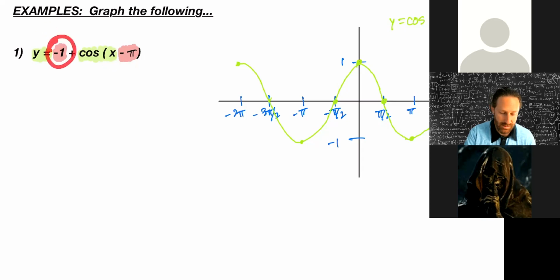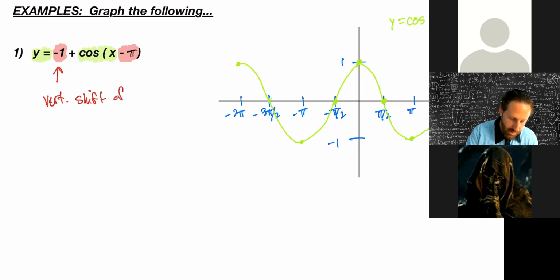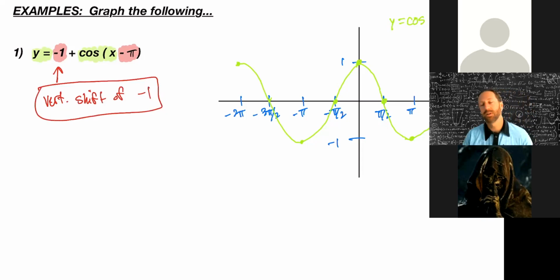And what is it saying to do? Add or subtract 1 or multiply or divide by 1? -1? Yeah. So this is going to have a vertical shift of -1. I don't care that you know it's the C value. That's arbitrary, right?